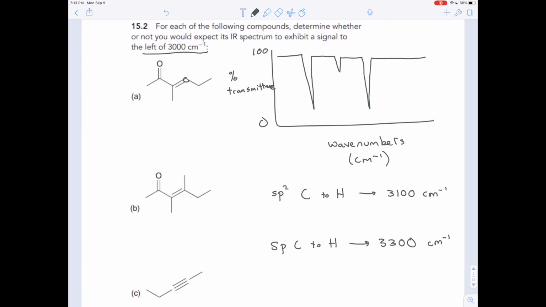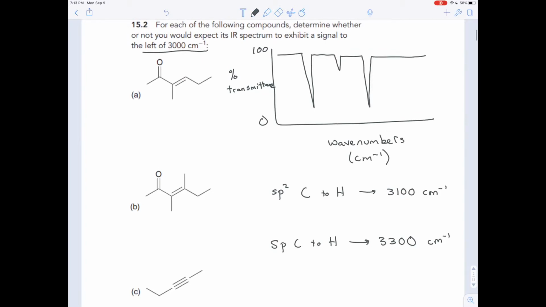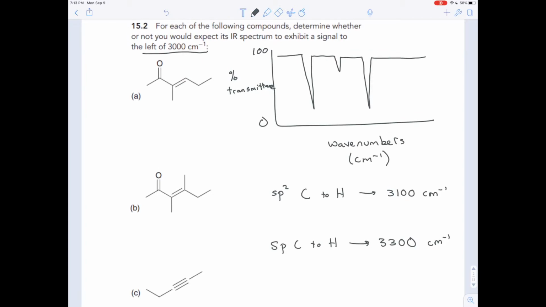Okay. So, in order for these molecules to have an absorption, one of those shadow dips, just to the left of 3,000, it needs to have either a carbon in a double bond that has a hydrogen on it, or a carbon in a triple bond that has a hydrogen on it.